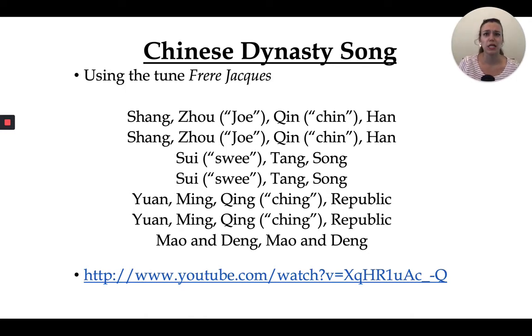Was it Queen Elizabeth or King George? Right? It's easy to get those things confused in your head. But if you can remember, okay, yeah, the Ming are at the same time as Christopher Columbus, then you can place things in sequential order. The Han are at the same time as the Romans. So all you have to remember in that case is the order of the Chinese dynasties.